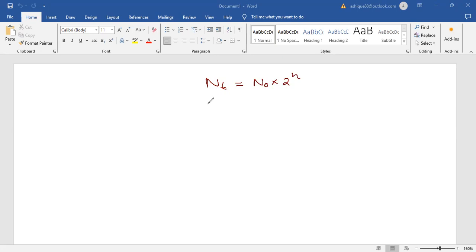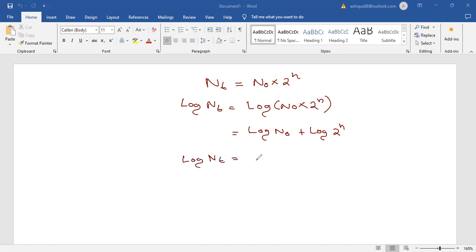If I am taking the log on both sides, that is log NT is equal to log of N0 into 2 raised to N. That means we have to add the logs: log NT is equal to log N0 plus log 2 raised to N, so log NT is equal to log N0 plus N log 2.